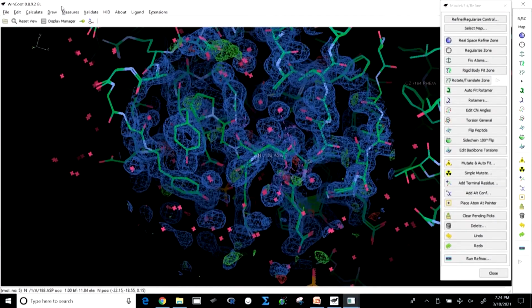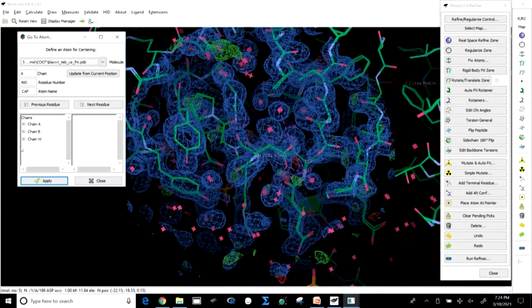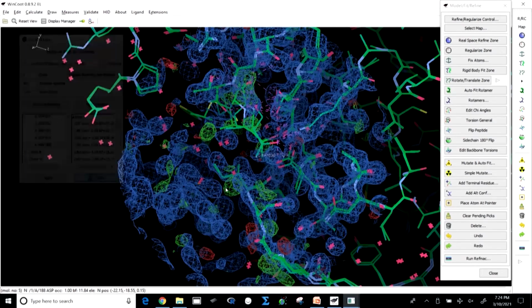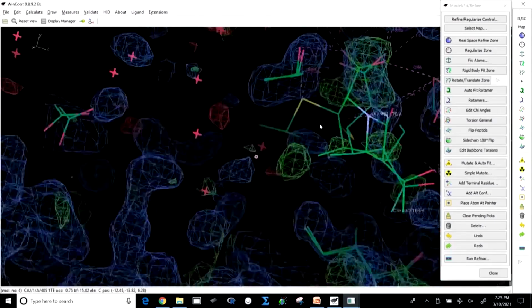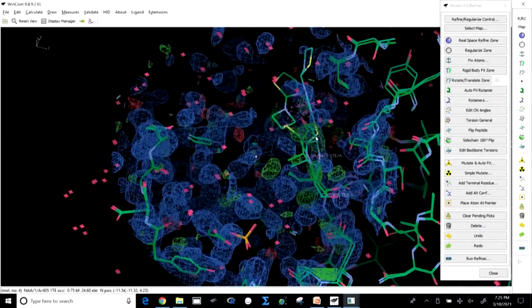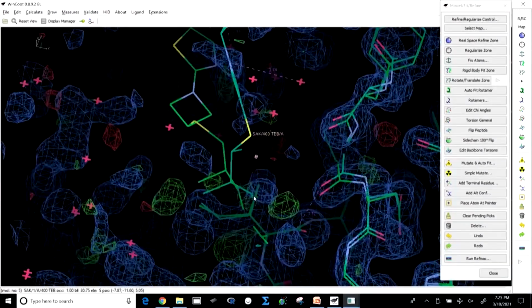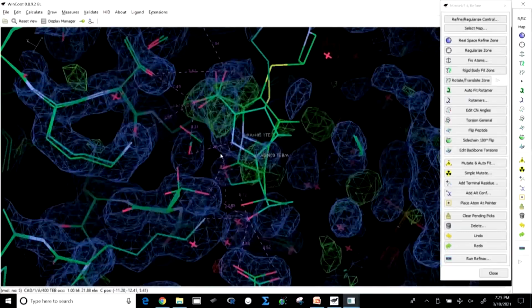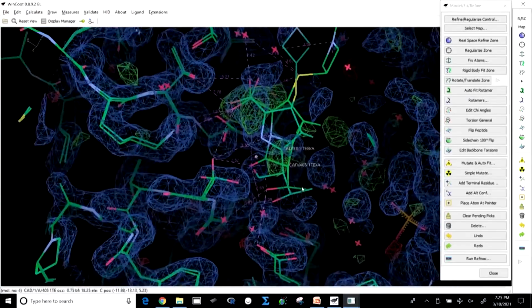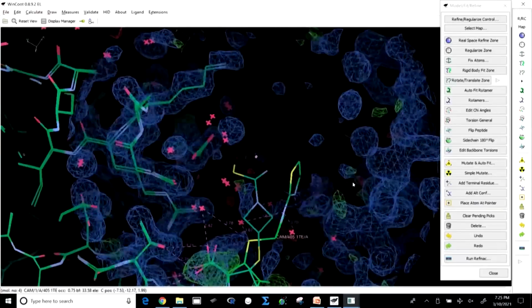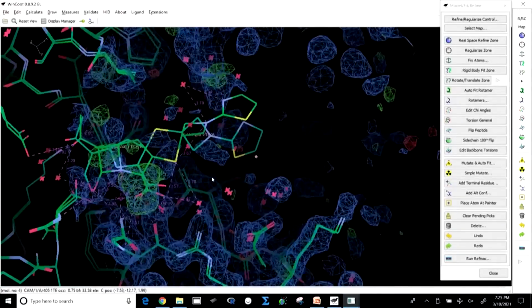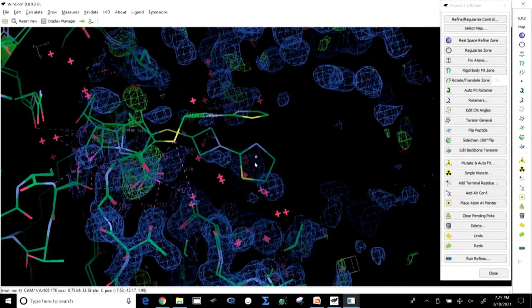So, now again if you come back to the ligand as we were discussing, you will see that there is a significant difference in the movement of the ligand when it was unreacted and when it was reacted.